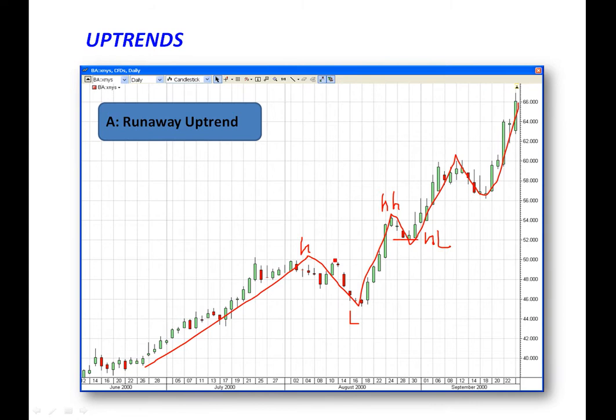The price over here has got a huge differential. We name this a runaway uptrend. For the next higher high and the higher low, can you see there's a huge differential over here also?